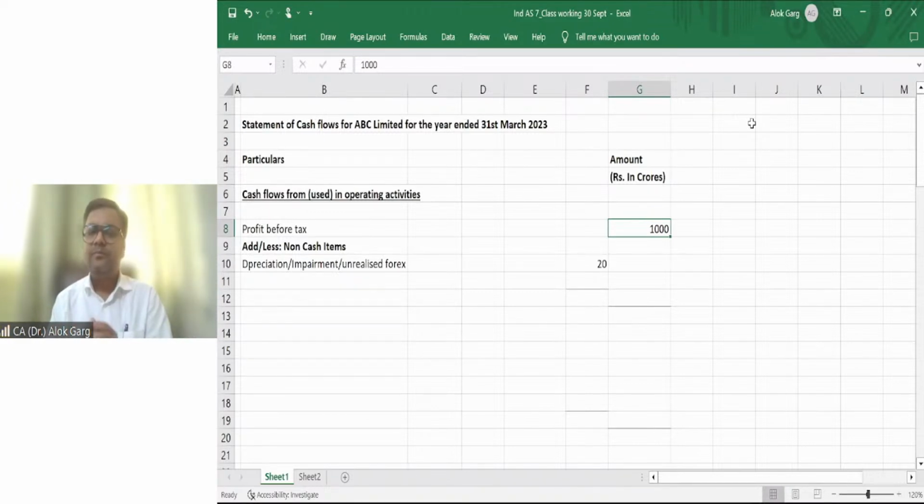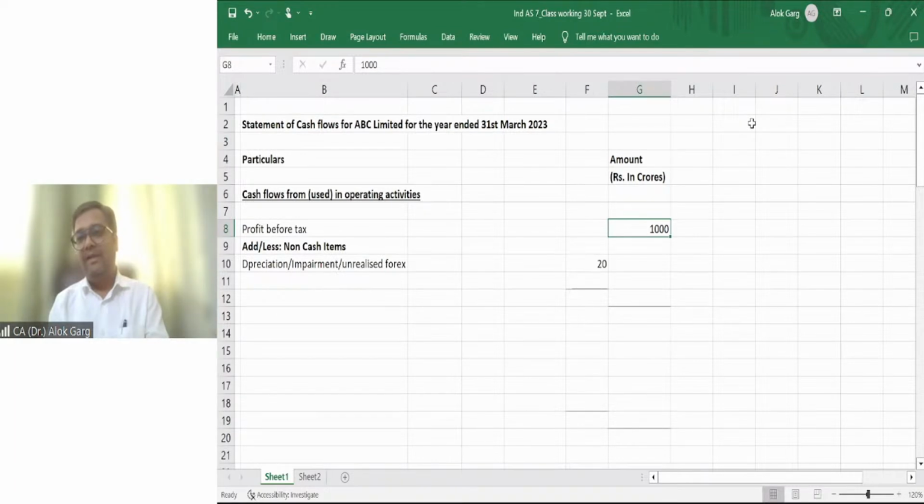Okay. So in your statement of profit and loss, all the incomes and all the expenses are included. And then net you are getting profit or you are getting a loss, right? But in the cash flow statement, you have to bifurcate all these cash flows into three activities, which is your operations, your investment, your finance.